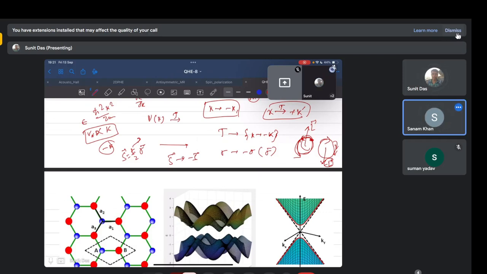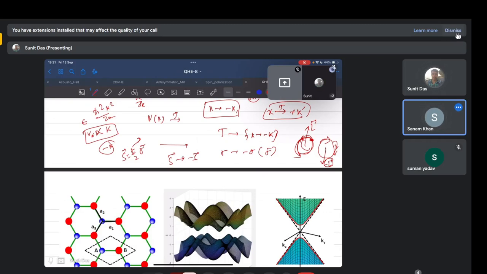Is it correct? Yes, that's what we do by breaking the time reversal symmetry. But when we go to the quantum spin Hall effect, even though the time reversal symmetry is not broken, we are still getting some kind of topological spin Hall insulator behavior.